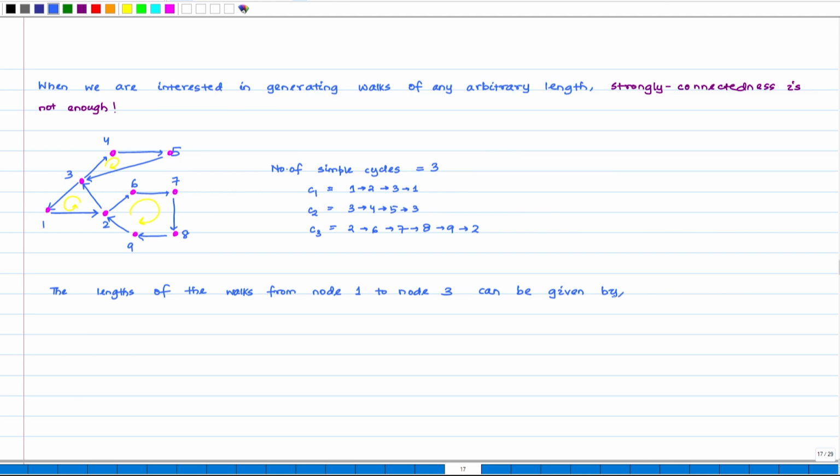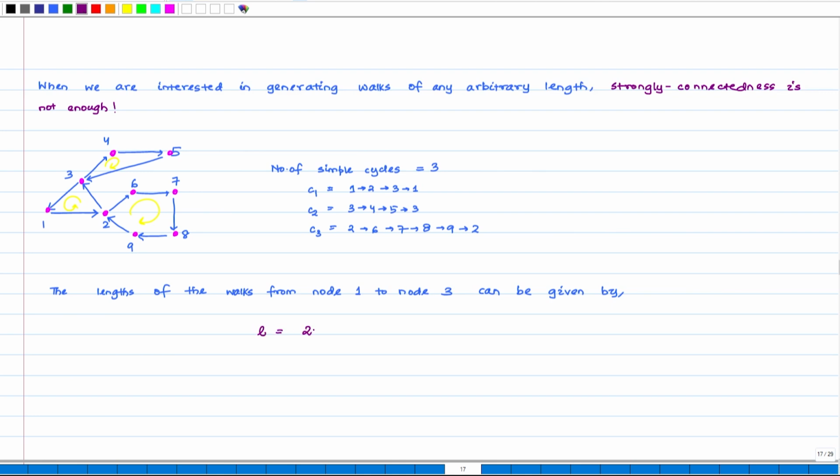So now we are trying to generate walks again from node 1 to node 3 by traversing both the cycles C2 and C3, meaning the lengths of the walks can be represented in this manner.